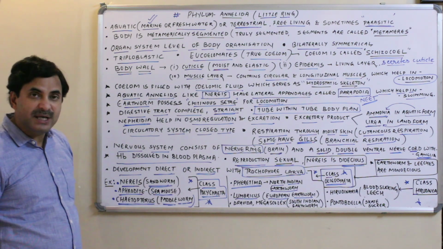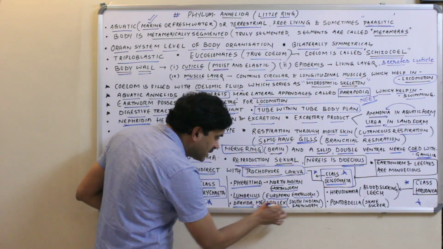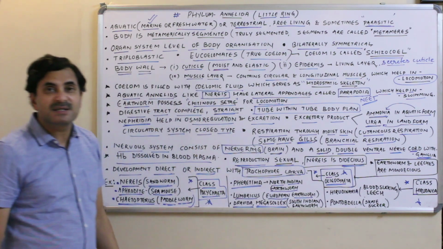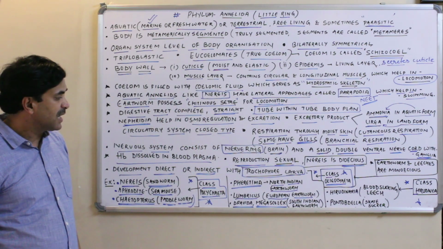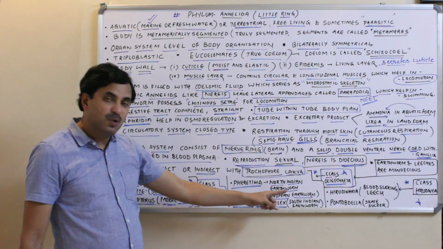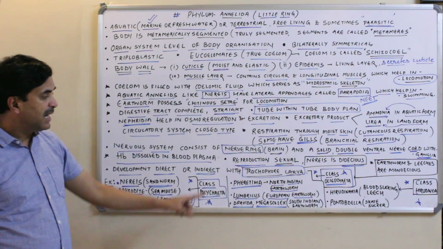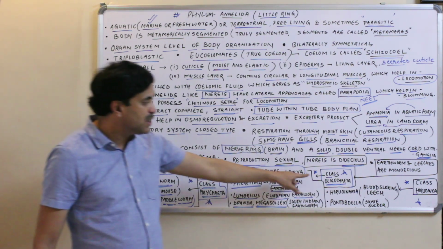Dravida and Megascolex are the two South Indian earthworms. So Pheretima, Lumbricus, Dravida and Megascolex belong to the class Oligochaeta.